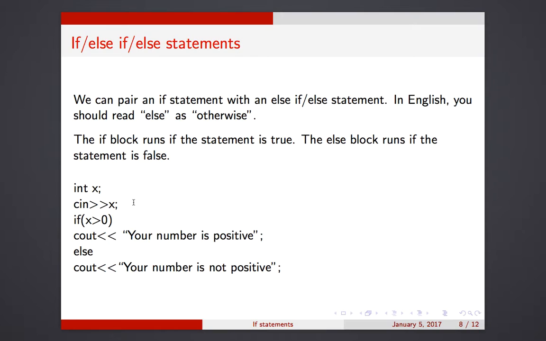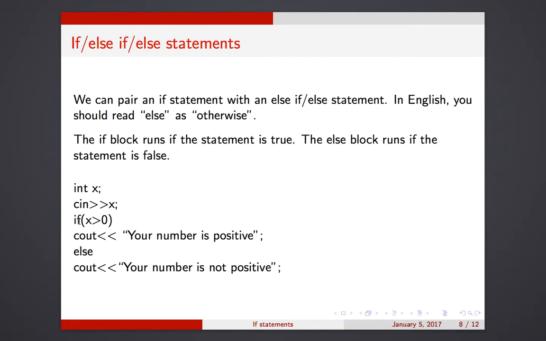Okay, so if you want to have the computer run down several different branches, the way you do it is with first an if statement and then with else if or else statements. And here the word else is a bit of a misnomer. What you really mean is otherwise. So in this code down here, int x, and then you grab something from the user.